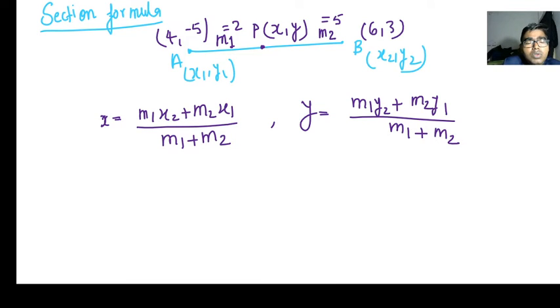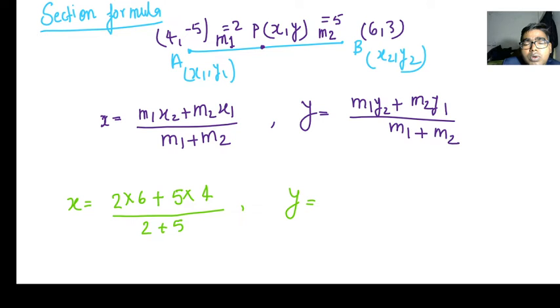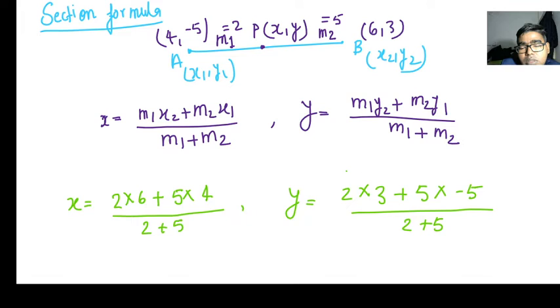So what are the coordinates? x equals m1, whose value is 2, times x2, which is 6, plus m2, which is 5, times x1, divided by m1 plus m2, which means 2 plus 5. Similarly y equals m1 y2, which means 2 into 3, plus m2, which is 5, into minus 5, divided by 2 plus 5.